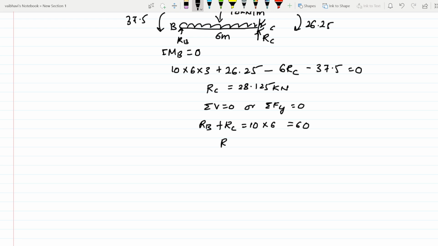RB plus 28.125 equal to 60. Therefore, RB equal to 60 minus 28.125. We get RB equal to 31.875 kilonewton.